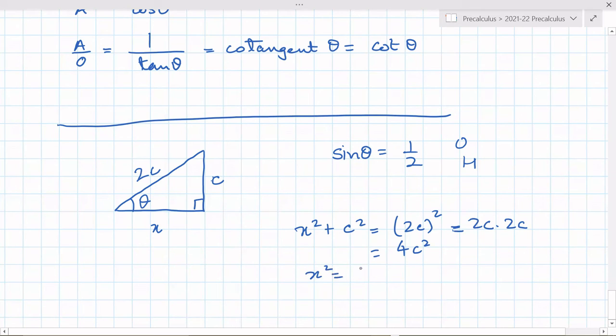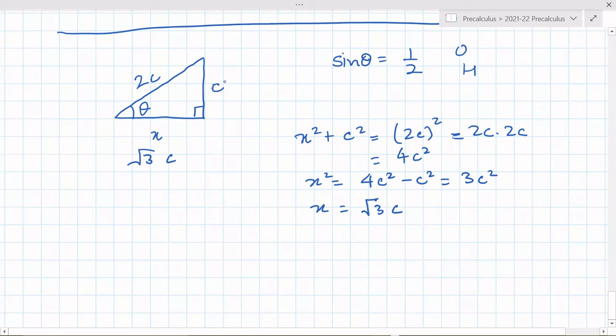So X squared is 4C squared minus C squared, which is 3C squared. So X is the square root of that. So normally it would be plus or minus, right? Because it could also be negative root 3C, but we are just worried about the lengths here. So this is just root 3C.